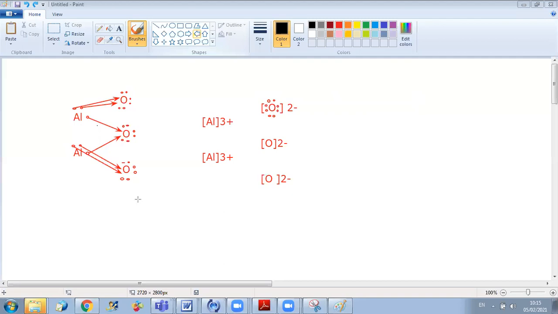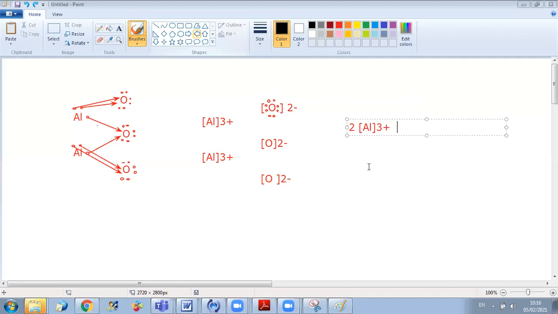So now, if you want to put it in summary, not in detail, you can just put the molecule like this: 2Al 3 plus. If they tell you to draw in detail the configuration, you do this one.